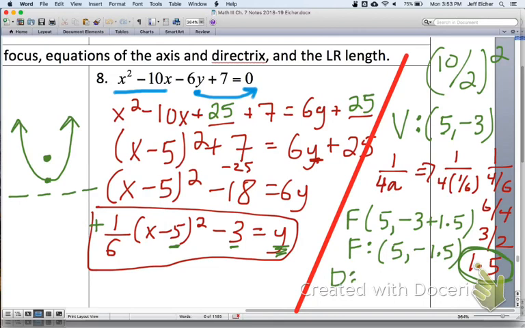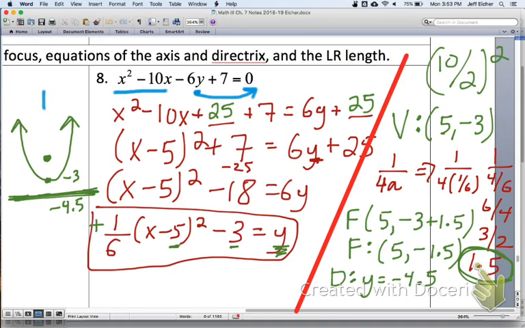Our directrix would be the y equals line down here, and the vertex was at negative 3, so you're going to go down, so that would be negative 4.5. So it's y equals negative 4.5. And we have two last things to identify.